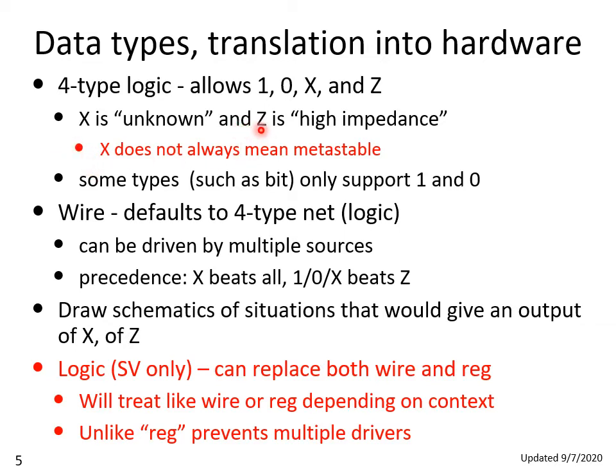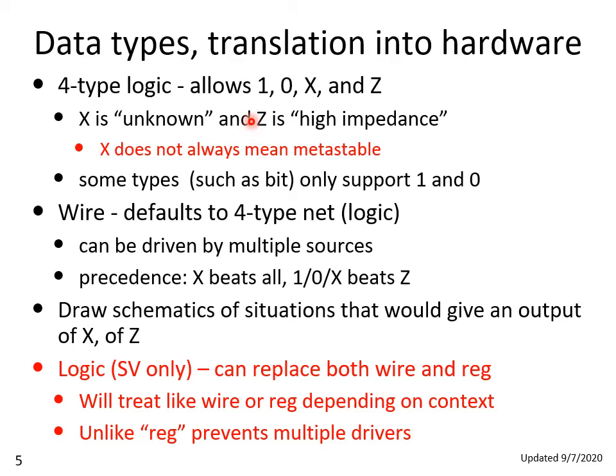The value Z corresponds to high impedance, and this really does describe a physical condition, whereas X may or may not. Metastability is a physical condition, but some of the other situations are just artifacts of simulation. In the case of Z, it represents high impedance, and you should by now have been exposed to something called a tri-state buffer, where you have an enable signal, and if the buffer is enabled, the output will force a 1 or a 0 on the wire.